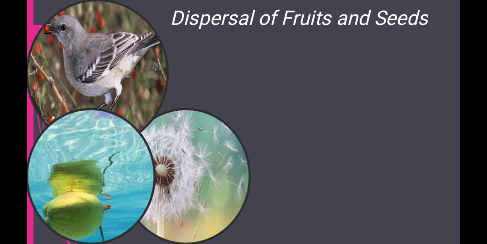The pericarp, the outer layer of different fruits, develops in different ways for different methods of dispersal. Number 1, dispersal by wind. In wind dispersal, the fruits and seeds of dandelion, cotton, poppy, and orchids are of parachute type.